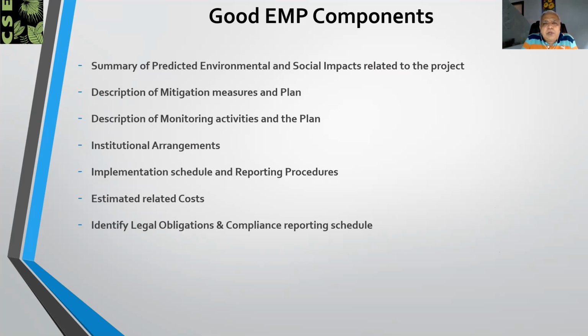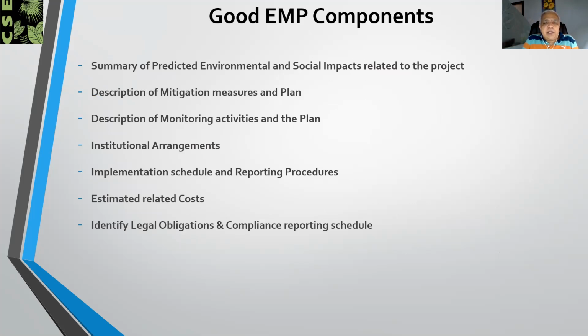So, what are the components of a good EMP? The components of a good EMP include a summary of the predicted environmental and social impacts related to the project, description of mitigation measures and plans, description of monitoring activities and plan, both of which are to be done during various stages of the life cycle of the project.